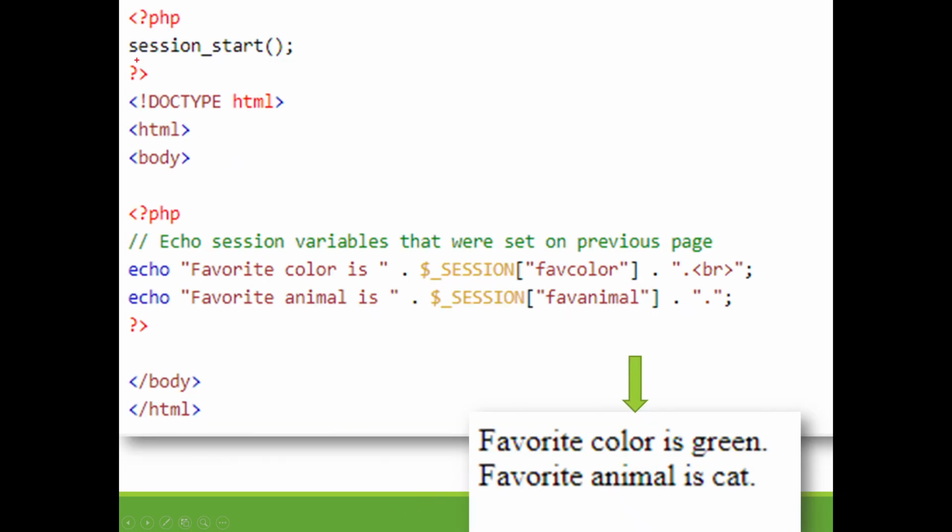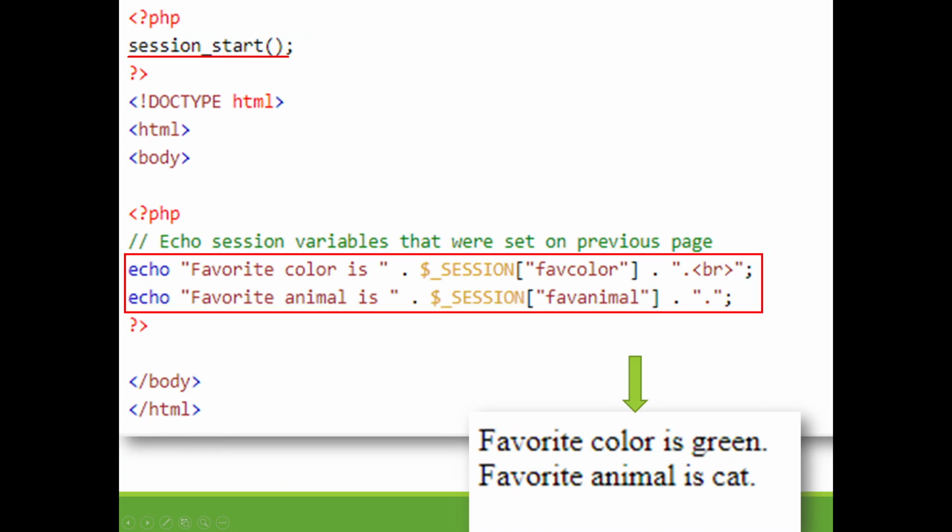So in demo 2, again, we begin by starting the session. Then inside the body, we do this to access the values. We just want to print out favorite color is, then we print the session value like that, using the super global variable $_SESSION and the name of the session variable.